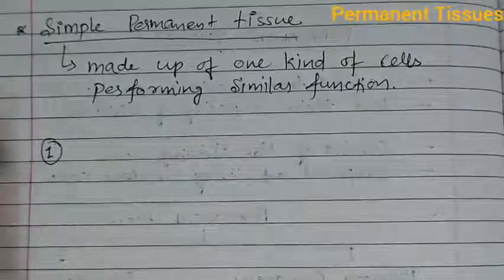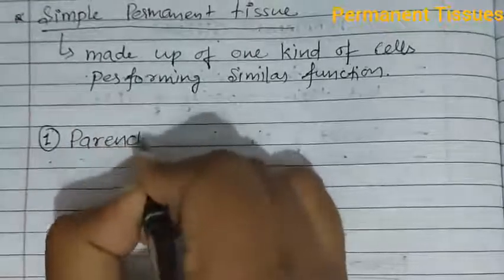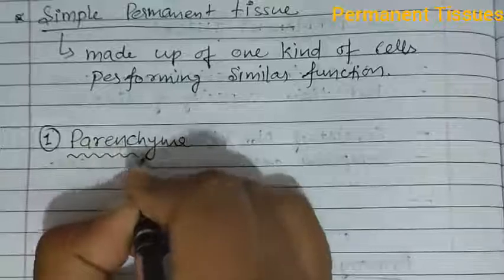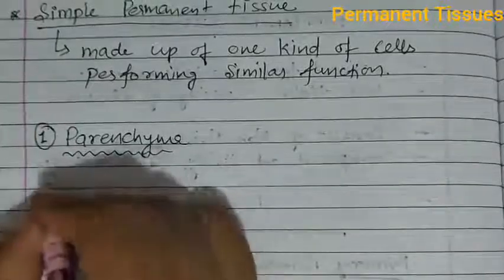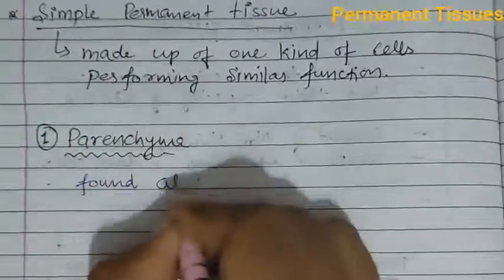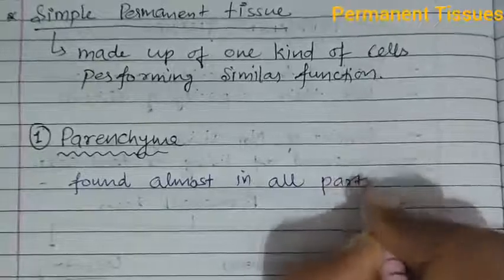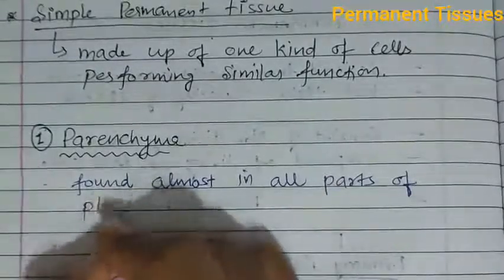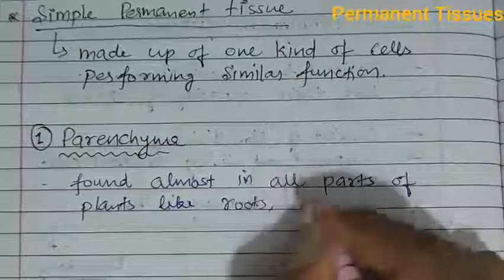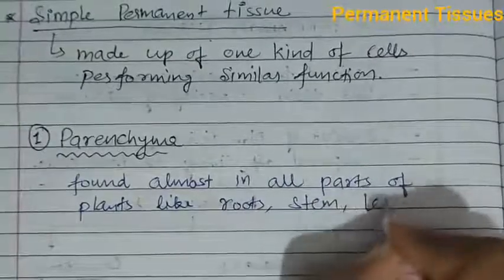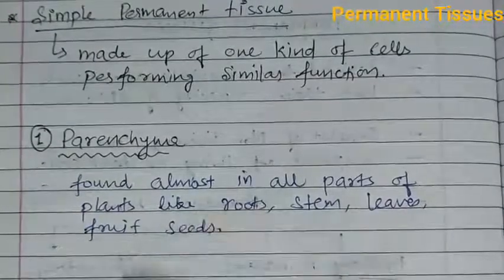So first we start with parenchyma. Parenchyma is found in almost all parts of plants, like roots, stem, leaves, fruit, seeds.